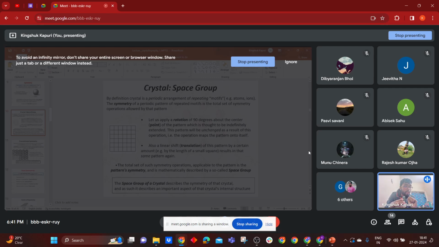Now this axis of rotation would be a four-fold axis of rotation, because at four consecutive steps I am getting the same initial face from where I started, right? So I think it's clear to all how we get the fold axis of rotation.